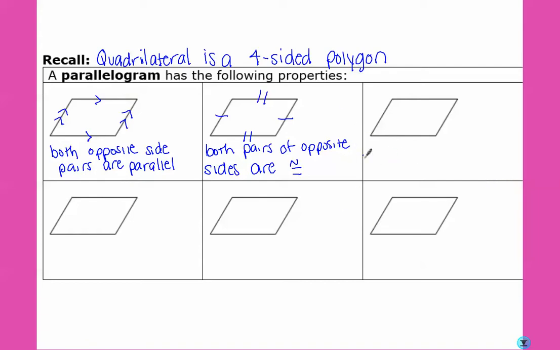We could also prove something's a parallelogram if one pair of opposite sides is both congruent and parallel. So if we know these pairs of sides are parallel and we know those sides are congruent.